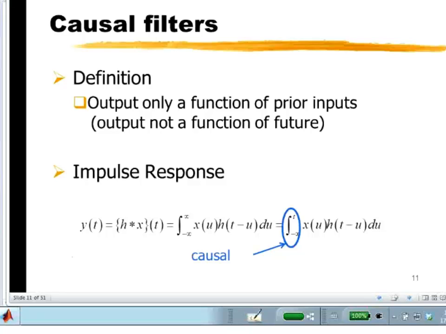So the output y of t can only be a function of the signal x of u inside the integration from negative infinite time until the present point. That means we have assumed that h of t, the impulse response, is 0 for all negative values of the argument. A causal filter is a filter whose values are 0 for negative values of the argument.